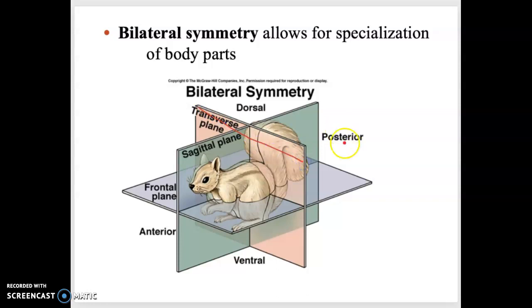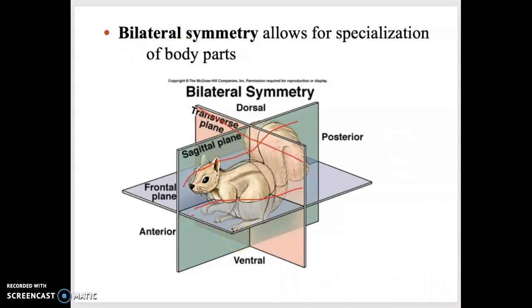Now I got the tail on one side, I have the head on another. I'm going to cut it through the head this way, what's called the sagittal plane, and I have the right paw on one side, left paw on the other, where it's kind of mirror images. I cut the squirrel through the middle, this one here, what's known as the frontal plane. Now I have the top of the squirrel up here and the paws are on the bottom.